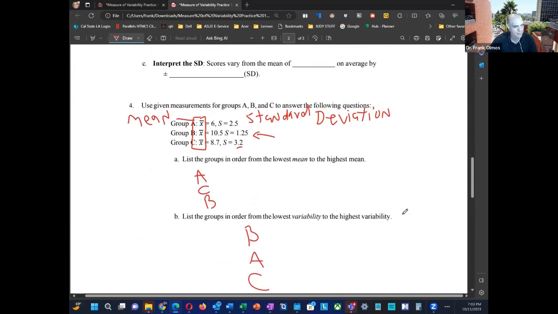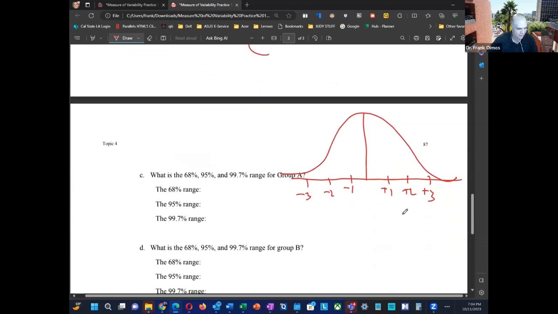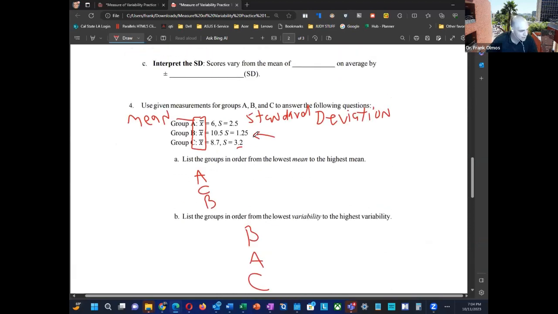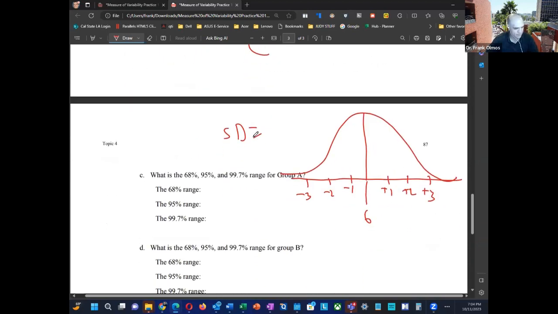I'm saying, for every time I say mean, you all get a nickel. All right, so the mean for group A is 6. And you know the standard deviation for group A is 2.5. Once you know the mean and the standard deviation, you can get these.